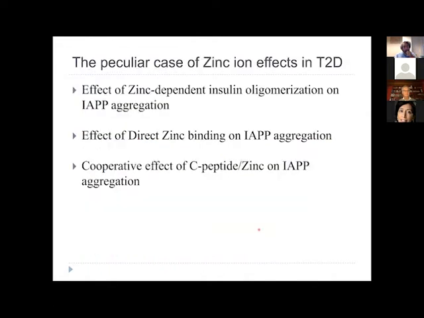These are the three topics I would like to talk about, trying to address this question. First, whether zinc-dependent insulin oligomerization may affect IAPP aggregation. Second, what the effect of direct zinc binding is on IAPP aggregation, which has been discussed in a previous talk.